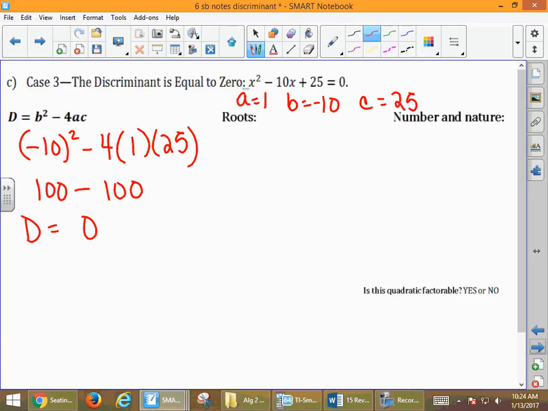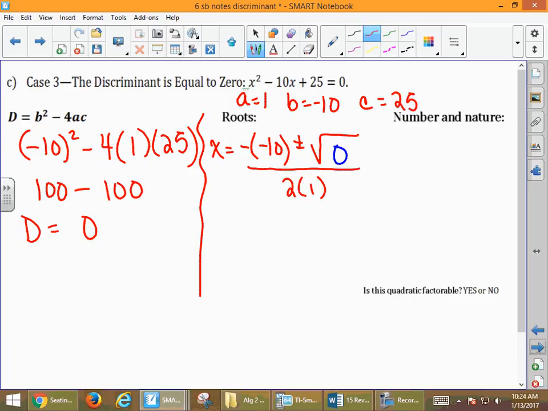And now what we need to figure out is our roots. So we're going to use the quadratic formula to figure out our roots. So it's going to be x equals the opposite of b. I think you'll have enough space in this one. Plus or minus the square root. But remember, we already did b squared minus 4ac. It's 0. All divided by 2 times a.